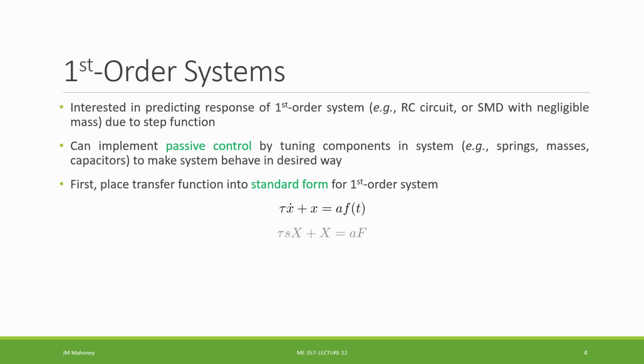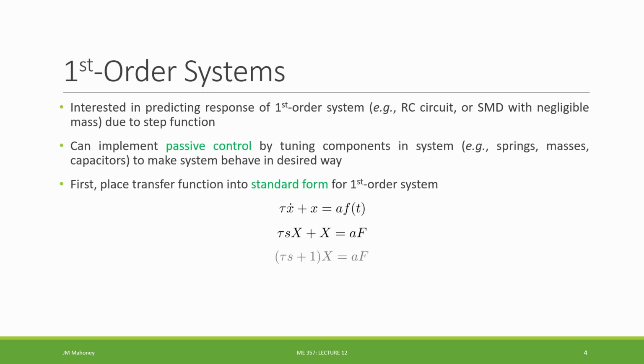Again, I can take the Laplace transform of both sides like I did previously. So tau sX plus X equals a times the Laplace transform of f of t, or big F. And big X, big F are going to be functions of frequency, functions of s. Now I'm going to entirely stay in the frequency domain here.